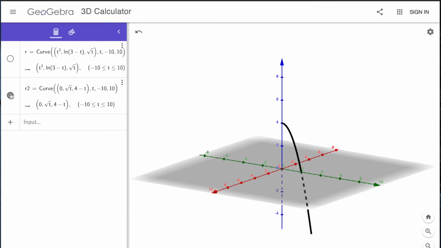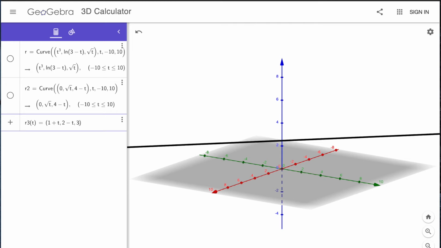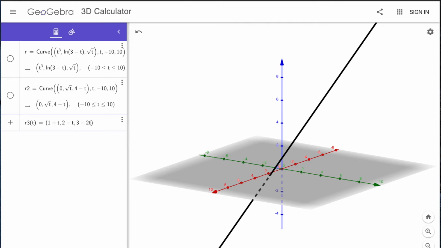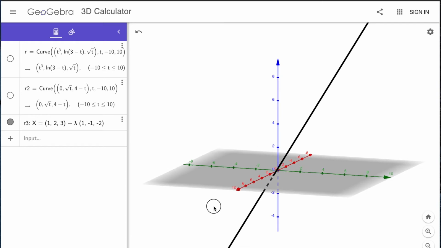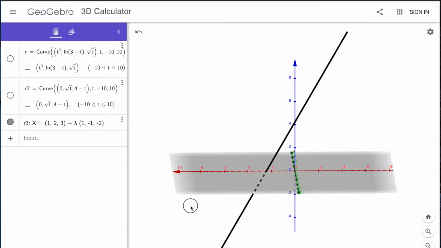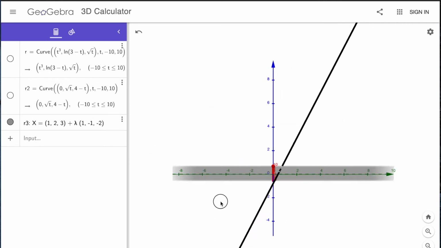Then we looked at a line, and our line was a rather poor drawing, perhaps, but I had something like 1 plus t, comma, 2 minus t, comma, 3 minus 2t. But here we can spin things around and see, okay, I can see now it does have 3D components.